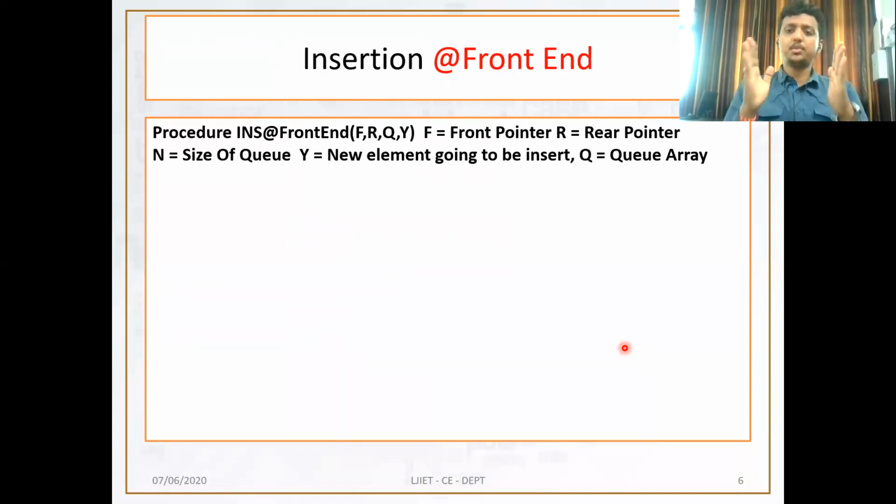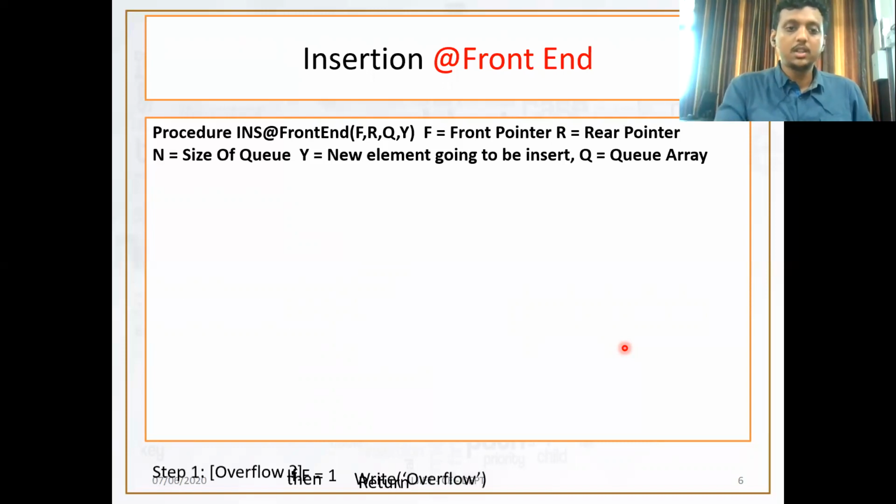Because the front position of the queue, if this is my queue, this is your front at 1. You are decrementing the front pointer to insert elements inside the queue. In a normal queue, insertion occurs in this direction, but here insertion occurs in the opposite direction. At that time you are incrementing the rear pointer, here you need to decrement your front pointer.